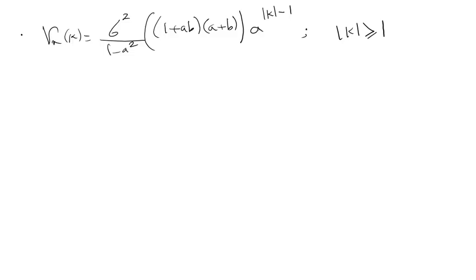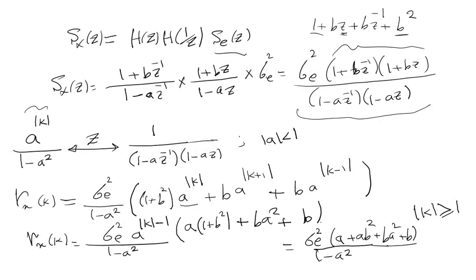The only thing remains is k equals to 0. I have to compute R_x(0). Let's go back and put k equals 0 in this relation. We have this term a power of 0 is 1, here is a, here is a.